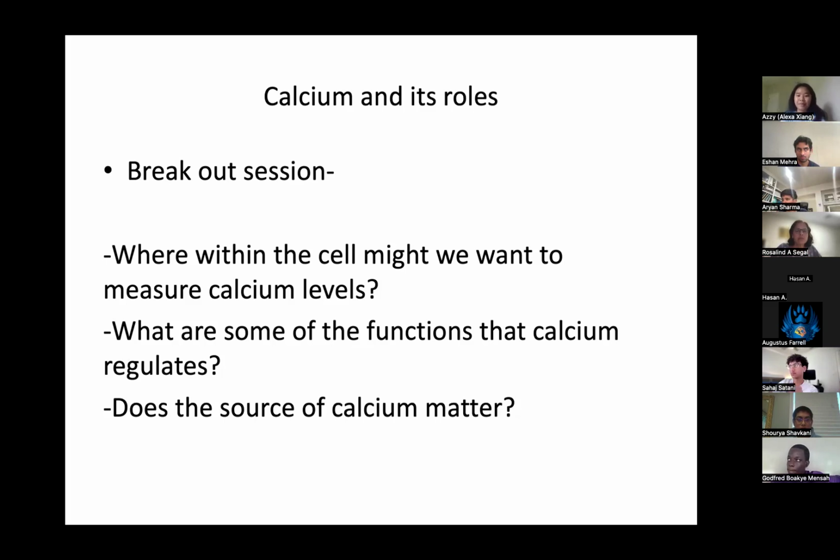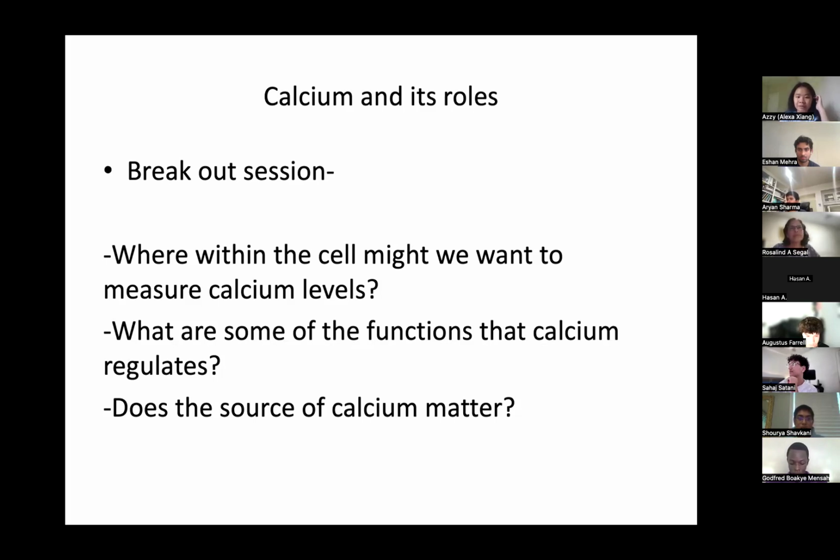So something my group discussed that I didn't learn before is that I heard if there's too much calcium buildup in the mitochondria, it might lead to cell death or something. And I think that is an important place to measure besides the endoplasmic reticulum because of how the buildup can be detrimental.